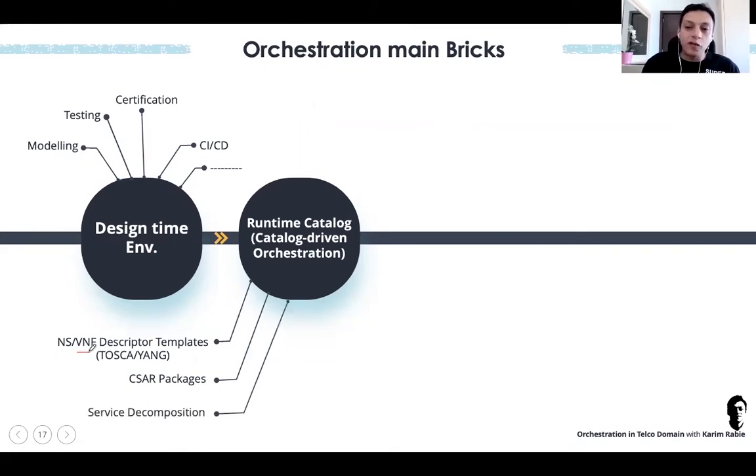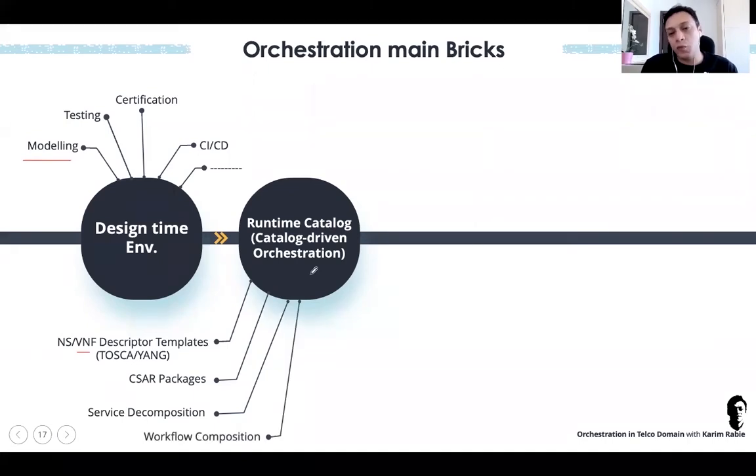We have the service decomposition, like for example, a definition that to fulfill service X, you have to decompose the service to instantiate Y and Z and A, B, and C. So that's how the service is decomposed into, I would say, sub-services or VNFs. This kind of decomposition is there in the catalog, and it is a result of the modeling done on the design time environment.